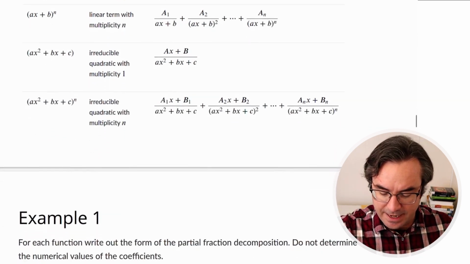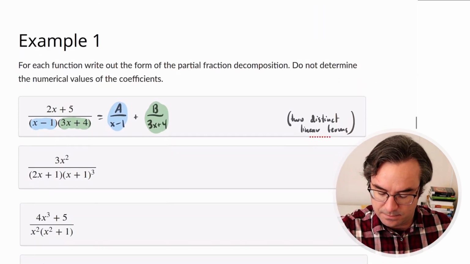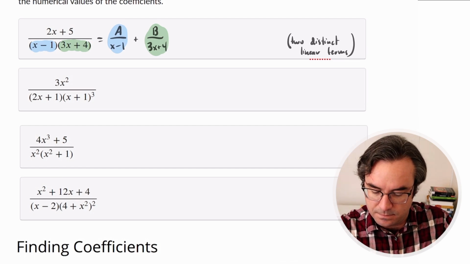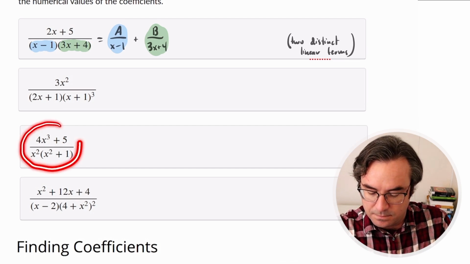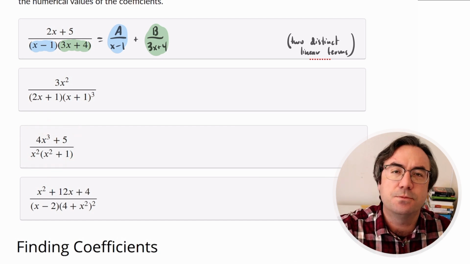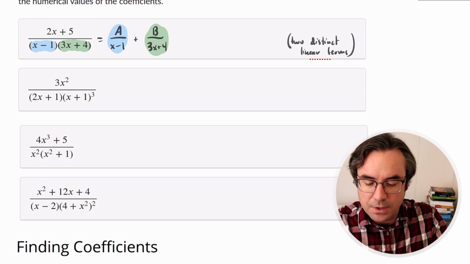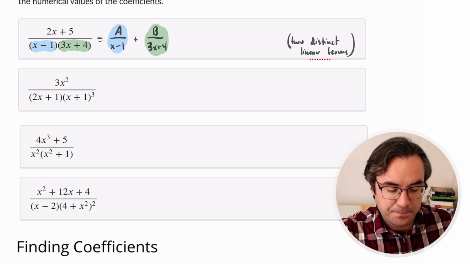All right, so let's look at this one. 4x cubed plus 5 over x squared times x squared plus 1. All right, so what do we have here?